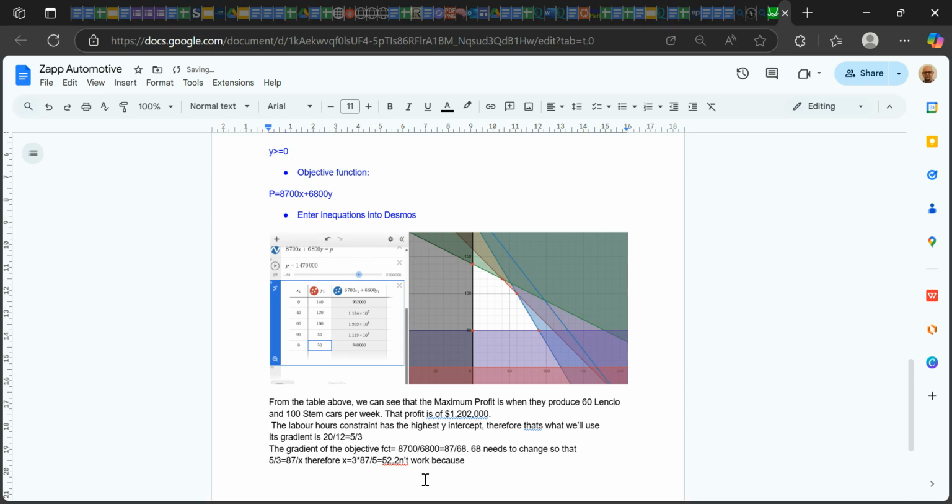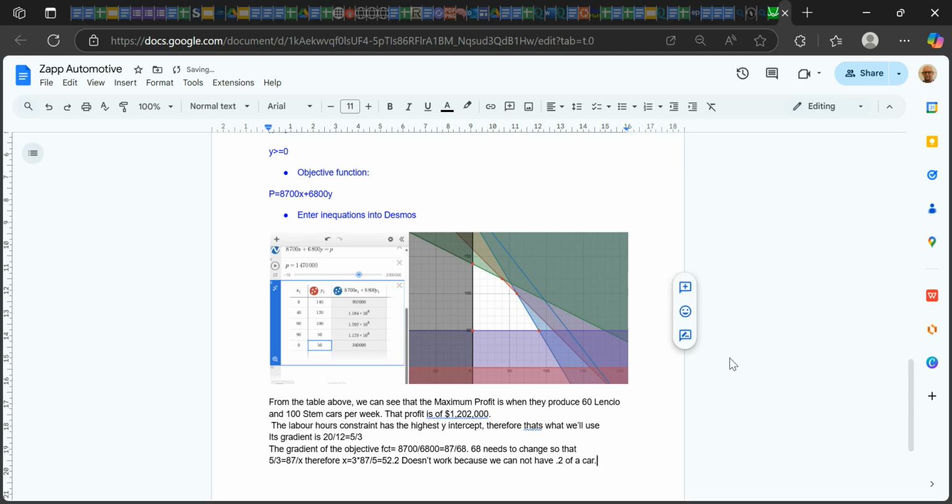Because of what? This doesn't work because we cannot have 0.2 of a car.